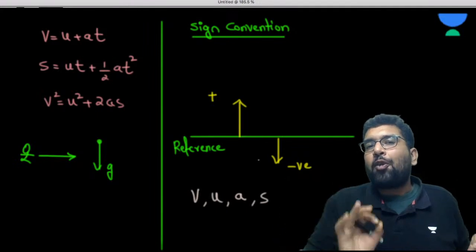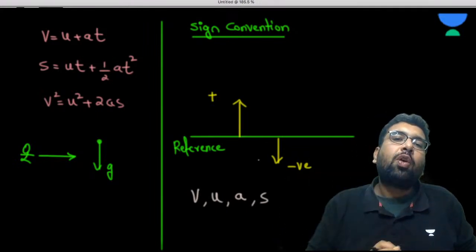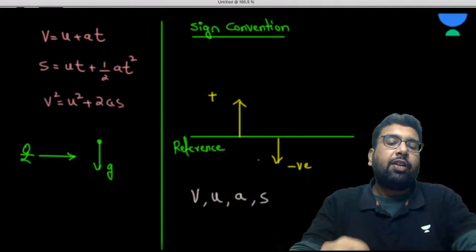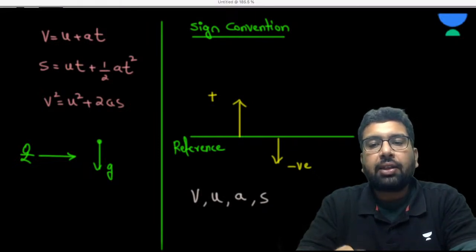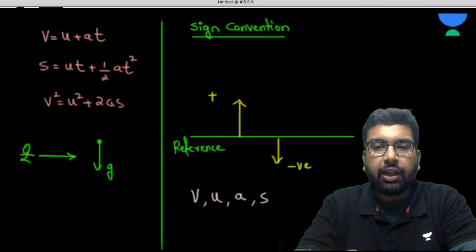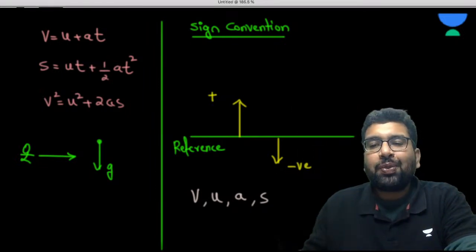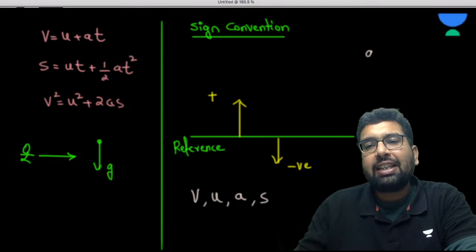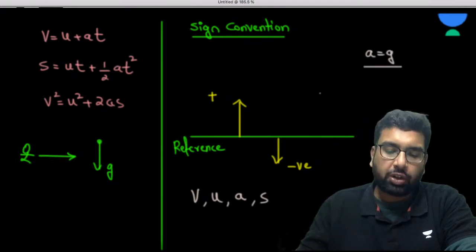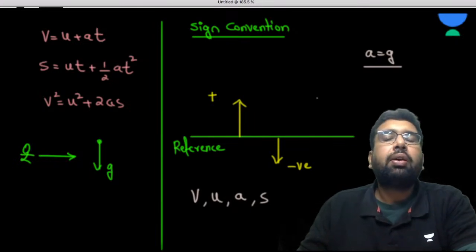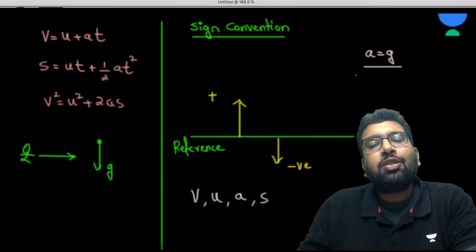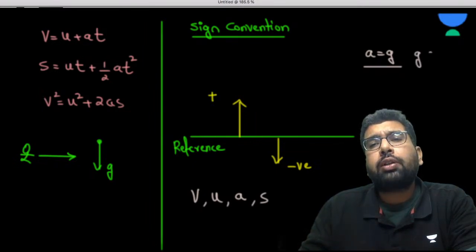Now, very interesting thing. If we are following this sign convention, beta, do you agree that acceleration due to gravity, that is g, is always downward? So here a is g, because we are talking about motion under constant gravitational acceleration, motion under gravity. G is always downwards.